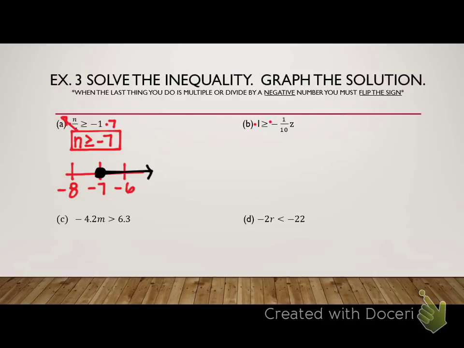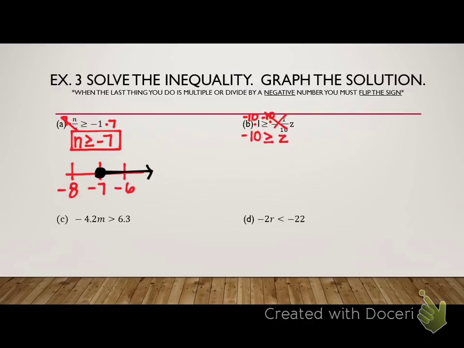And the reciprocal of -1/10, if I flip that, is just going to be -10. So I am going to multiply both sides by -10. A reciprocal times itself equals 1. And we're left with z is less than or equal to -10.